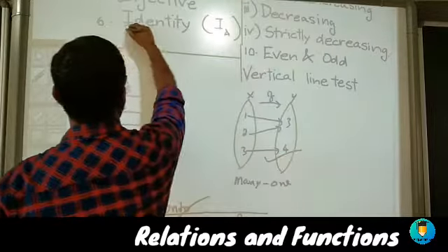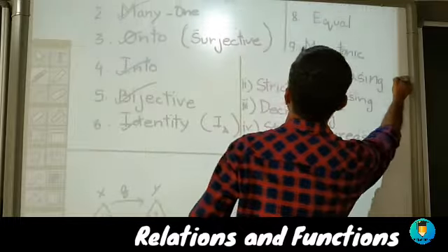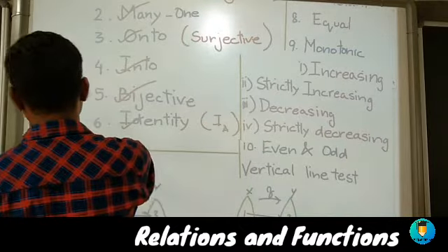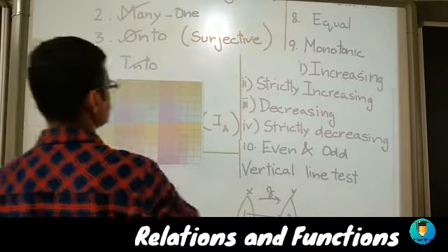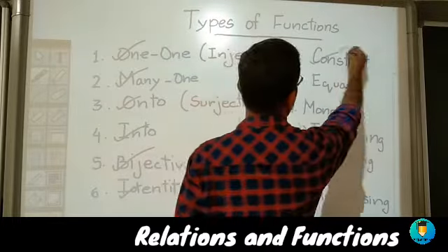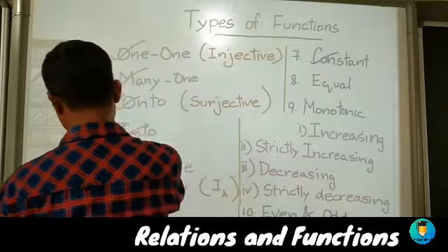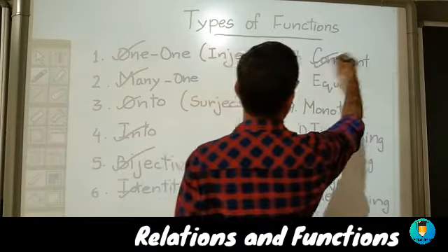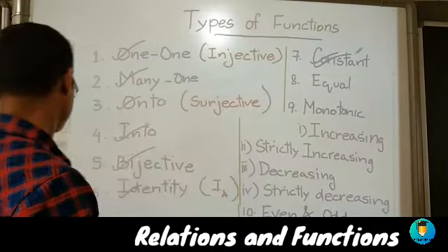Next, after the identity function, is the constant function. What is a constant function?